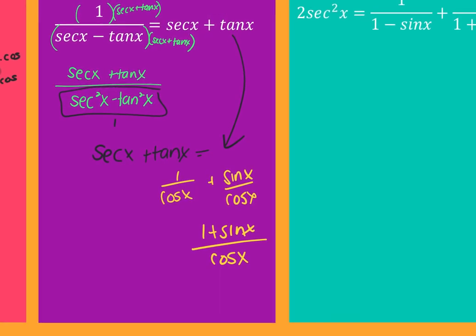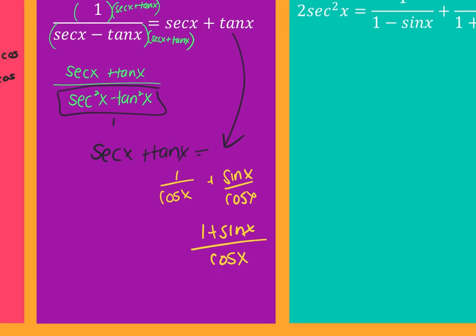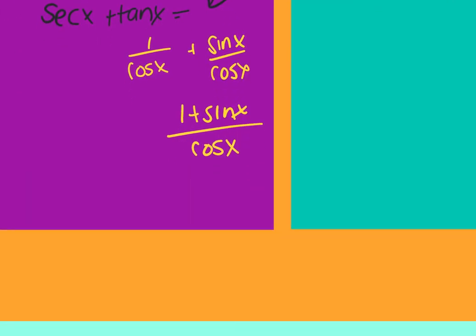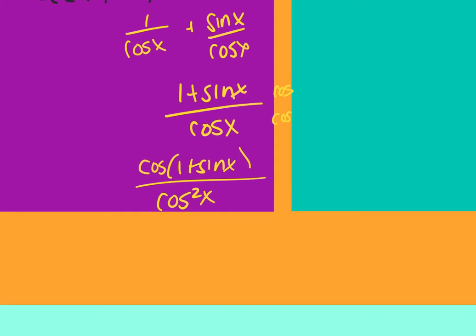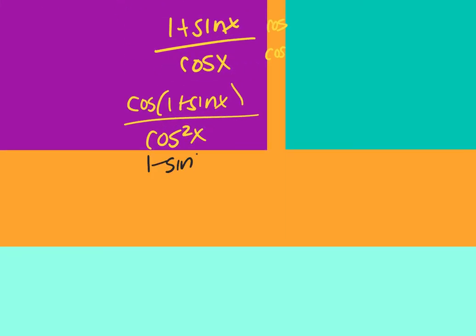So then you could multiply by cosine. Replace with 1 minus sine. It gets messy. Cosine, cosine, cosine. I don't know if this is going to make any sense, so hang on. 1 minus sine squared.